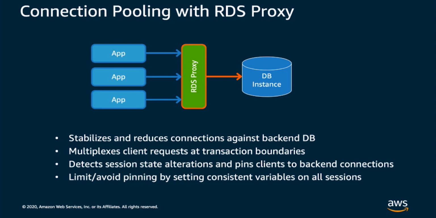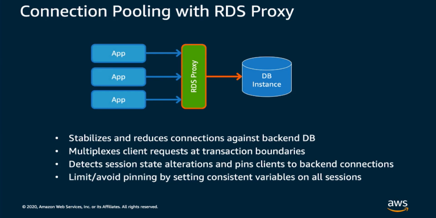RDS Proxy will open the connections for you, depending on your DB instance configuration. Whenever a lot of connections are coming in from the applications, it can manage those connections. If there are any sleeping connections, it will close those connections for you. And RDS Proxy can also do multiplexing.